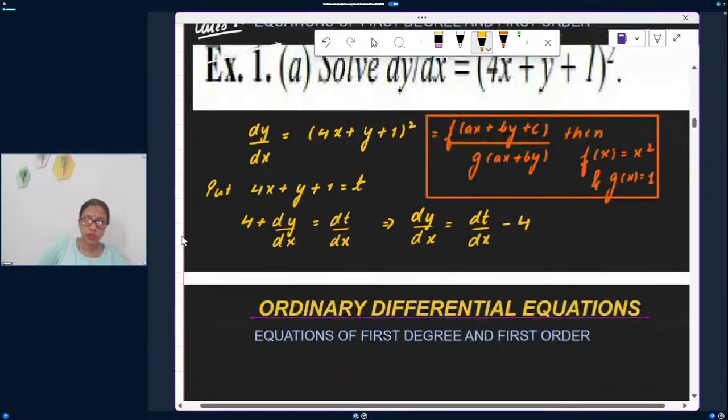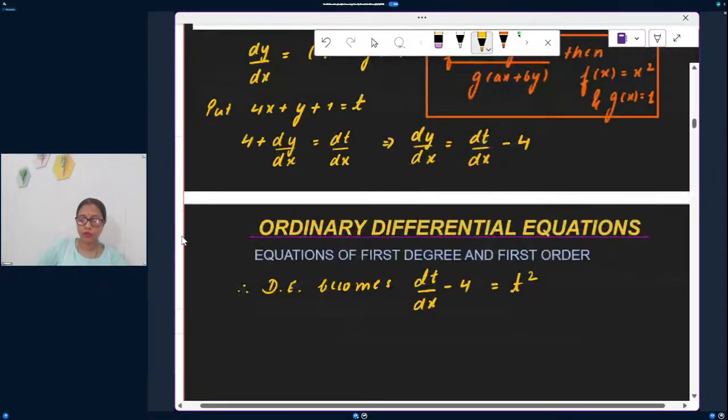Substitute. Therefore the differential equation becomes dt by dx minus 4 is equal to t square. Which further implies dt by dx is equal to t square plus 4, and now you can see it's variable separable.